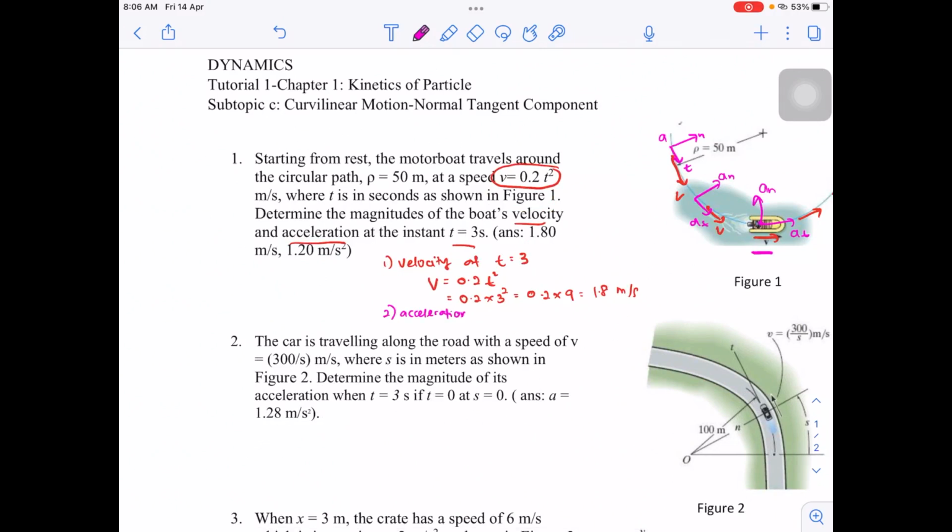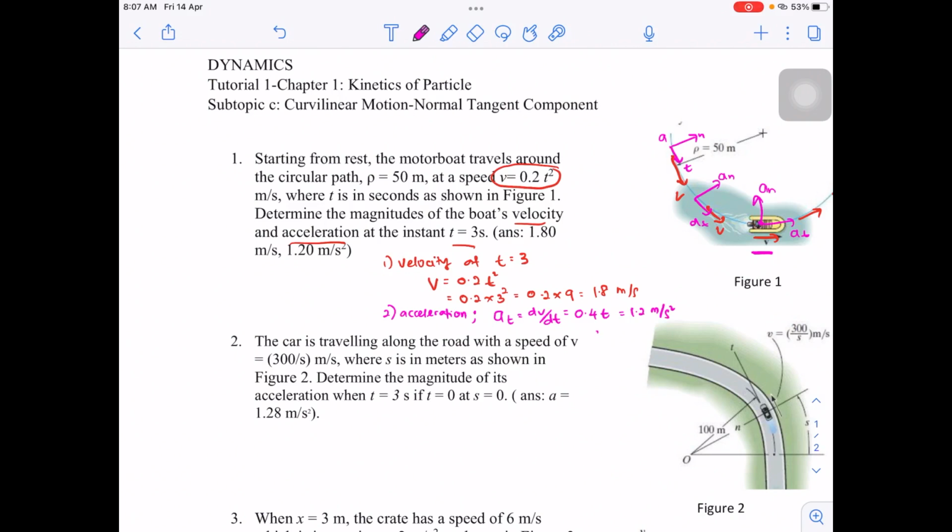Remember you have two components: the tangential acceleration and the normal acceleration. For the tangential, at equals dv over dt, so you just differentiate and get 0.4 t. Substitute t with 3 and you get 1.2 meters per second squared. That is the tangent component.